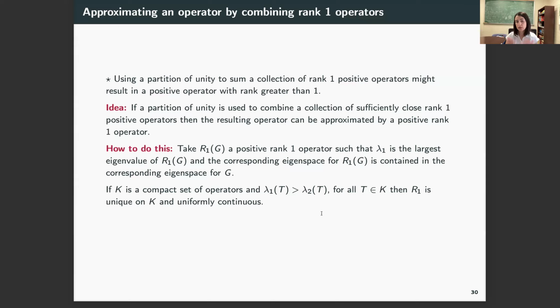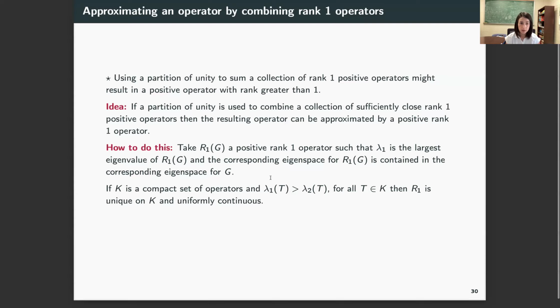Let's say R1 of G is a positive rank 1 operator, such that lambda 1 is the largest eigenvalue of this operator, and the eigenspace of R1 of G is also contained in the eigenspace for G. So with that, I can think of R1 of G as a positive rank 1 operator with a certain lambda 1.